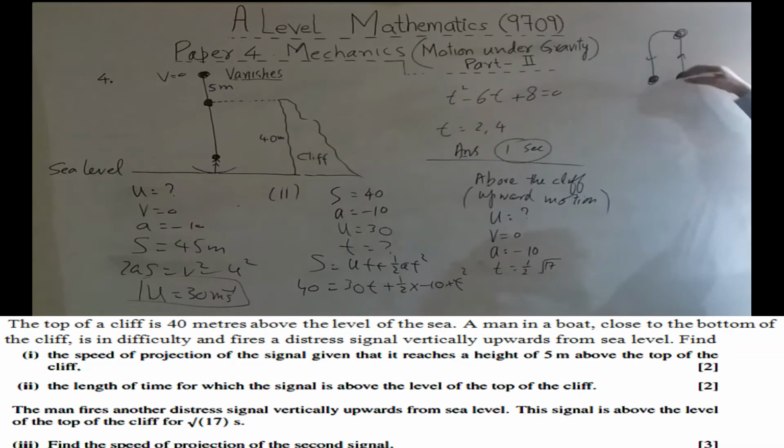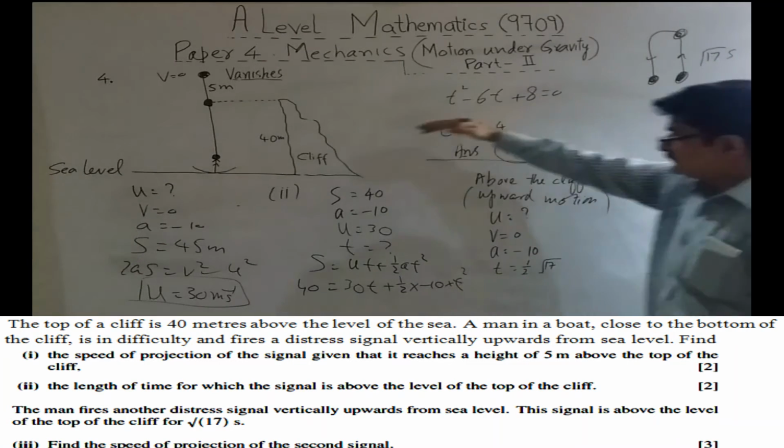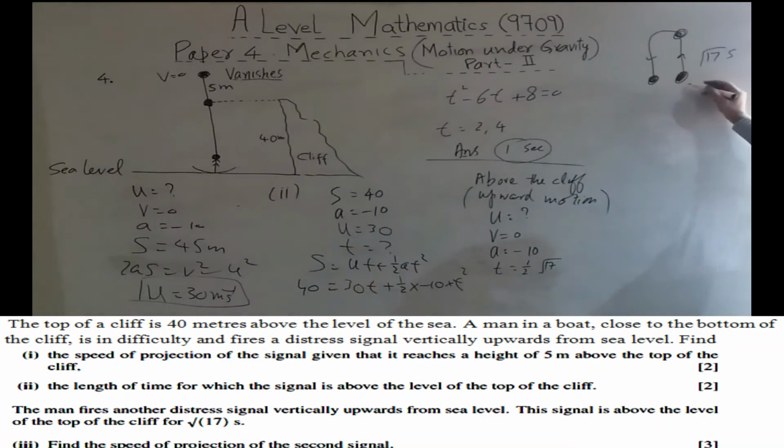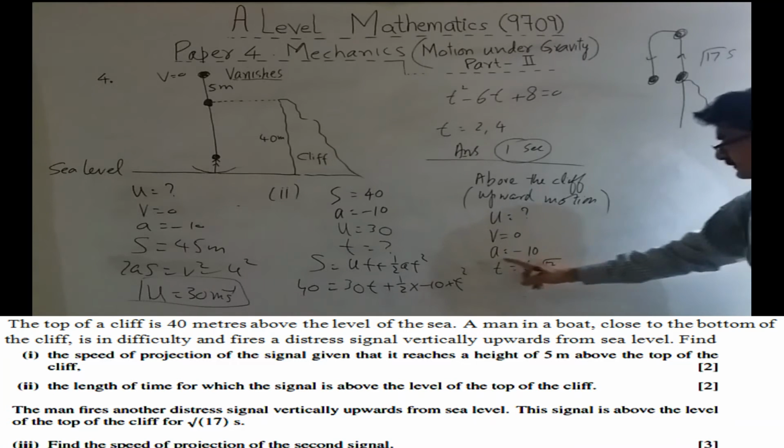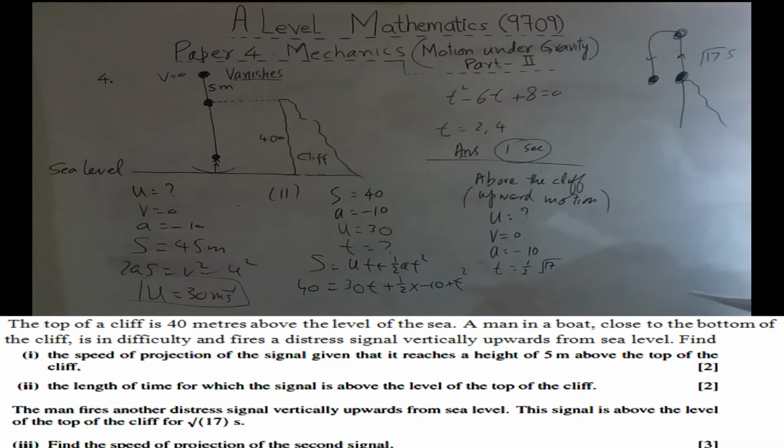So this total time is root 17 seconds. So the time from going to the top of the cliff, this is the top of the cliff, again from this to this point will be half of it. This is the most important point in this question, a very different situation.